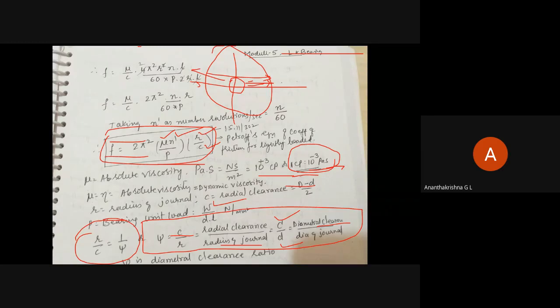So therefore in Petrov's equation, R by C is replaced by 1 by Xi. So 2 pi square eta n dash by P into 1 by Xi, that is the diametral clearance ratio. Xi is equal to C by R. So if you take radial clearance, use radius of the journal. If you take diametral clearance, you take diameter of the journal. So be careful in this conversion.